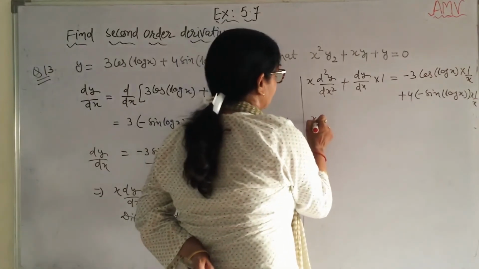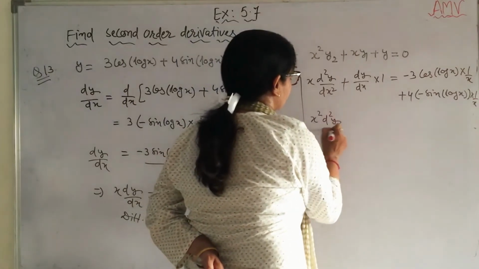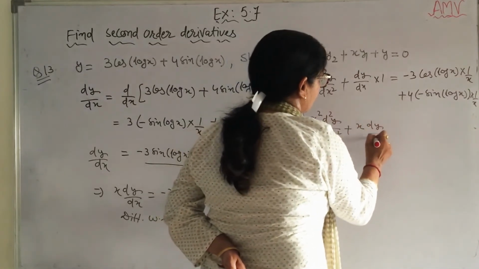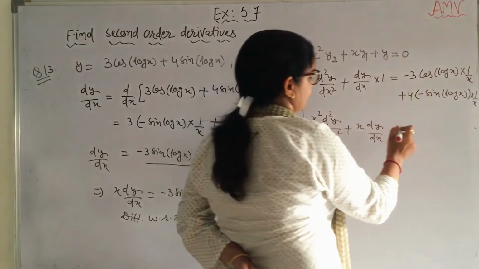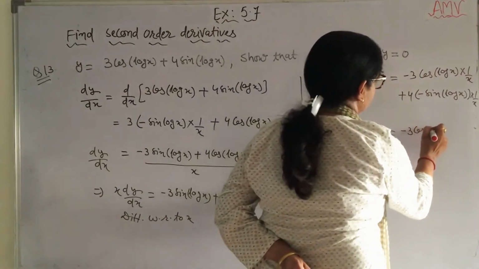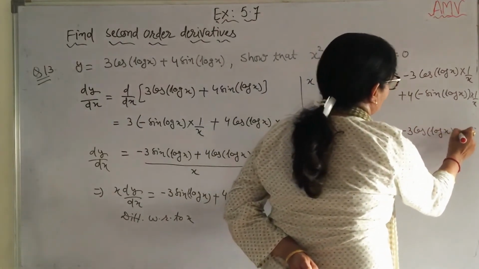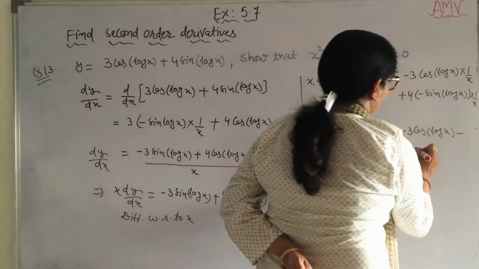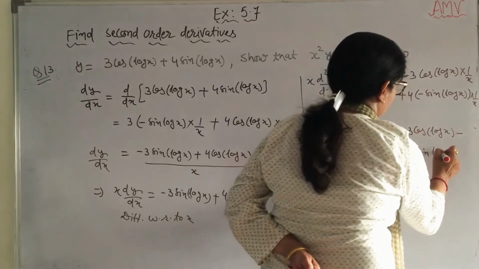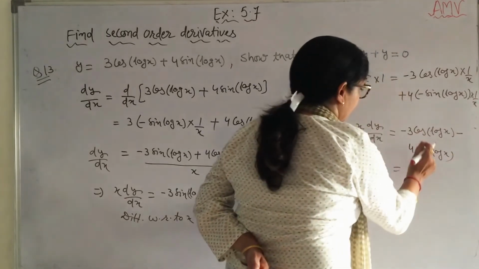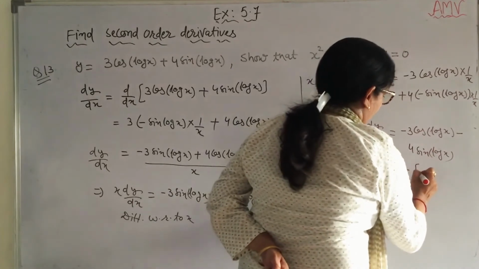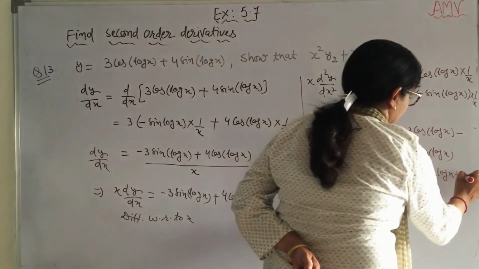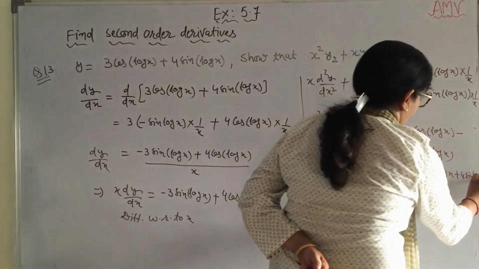So you will get x square d square y upon dx square plus x dy upon dx, and here it is minus 3 cos log x, and here it is also minus 4 sin log x. Okay students, and here take minus common, you will get 3 cos log x plus 4 sin log x.